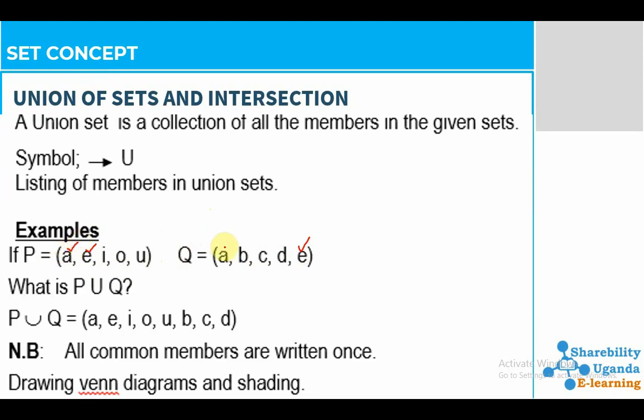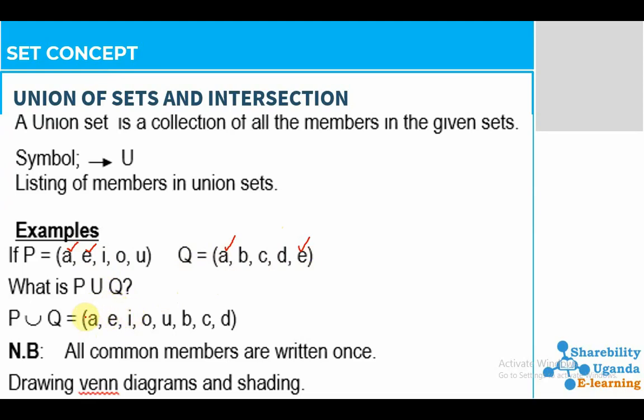It is also in set Q. Do you have another one? No, they are over. These members are appearing in both sets. Here, in a union set, we don't write them twice. We write them once. That's why they were able to write A and this one once. They never repeated them.